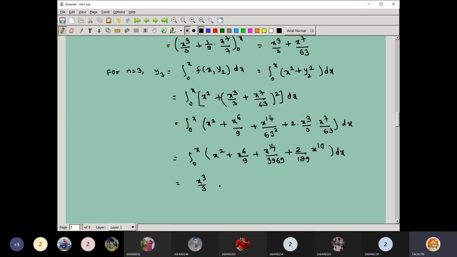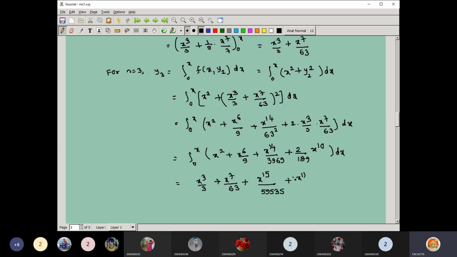Directly x cube by 3 plus x to the power of 7 divided by 7 into 9, 63, plus x to the power of 15 divided by 15 into 3969, so 59535, and plus x to the power of 11, so divided by 11 only.